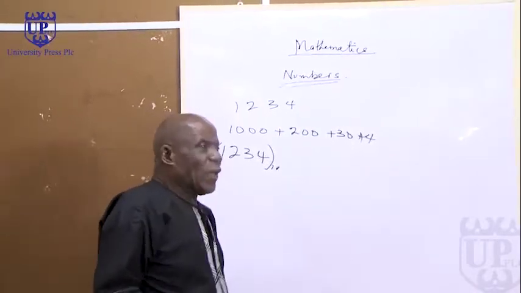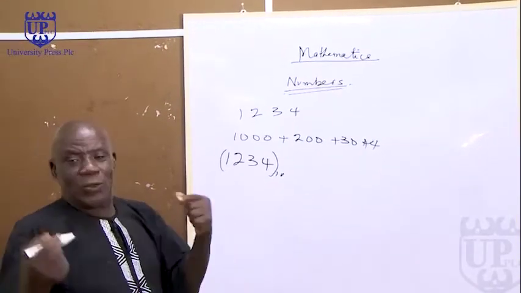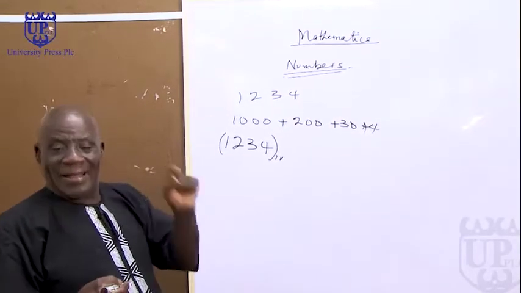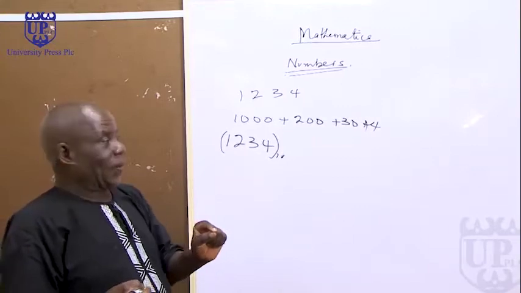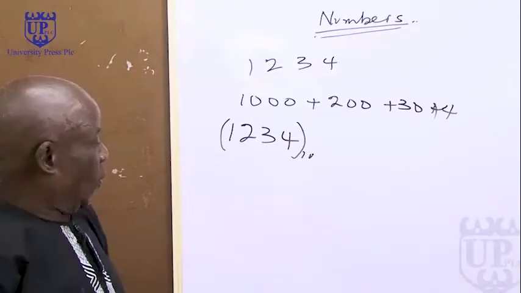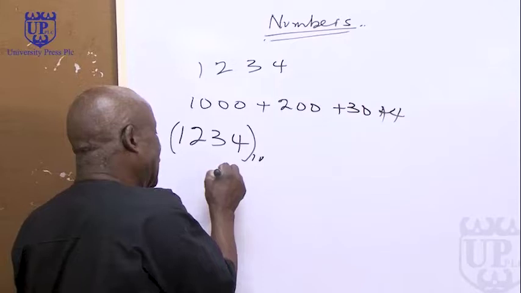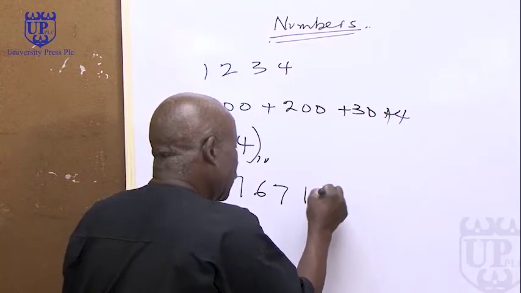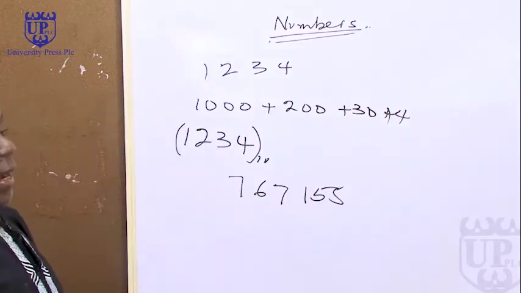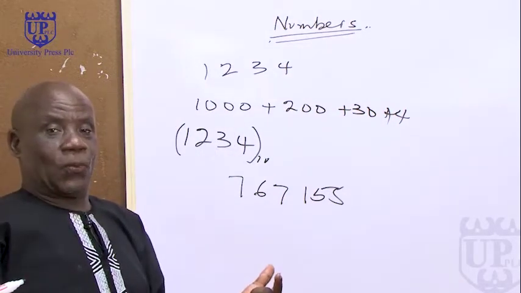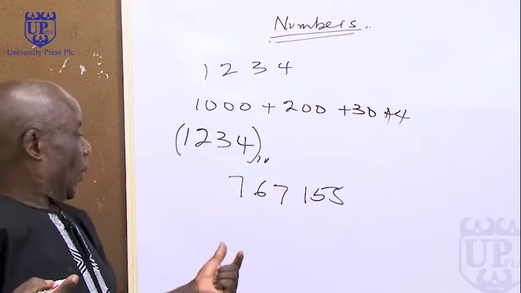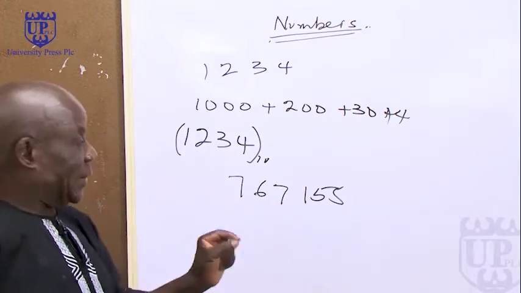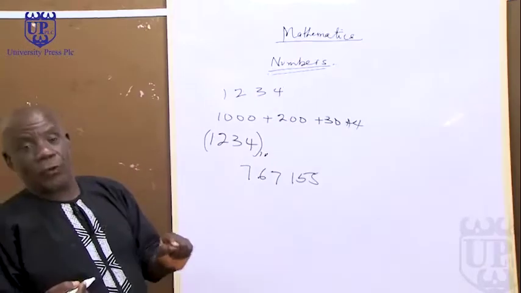Now, we are going to let you know how to deal with large numbers, even the ones that involve fractions. For example, if you have something like 767155 and they ask you to write it in words, the first thing you need to do is to write it in expanded form.